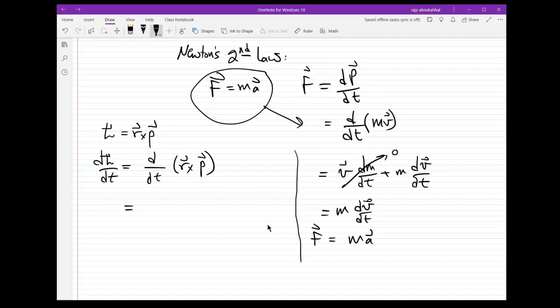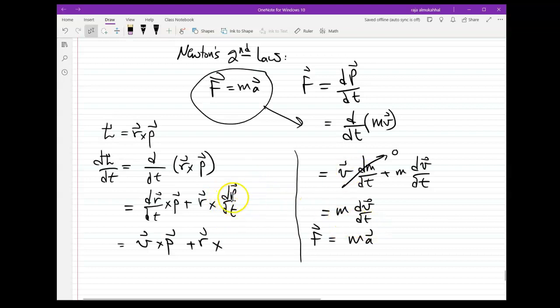Use the product rule. That's going to be dr dt cross p plus r cross dp dt. What is dr dt? Well, dr dt is just v, so v cross p plus r cross dp dt, and dp dt is the force.